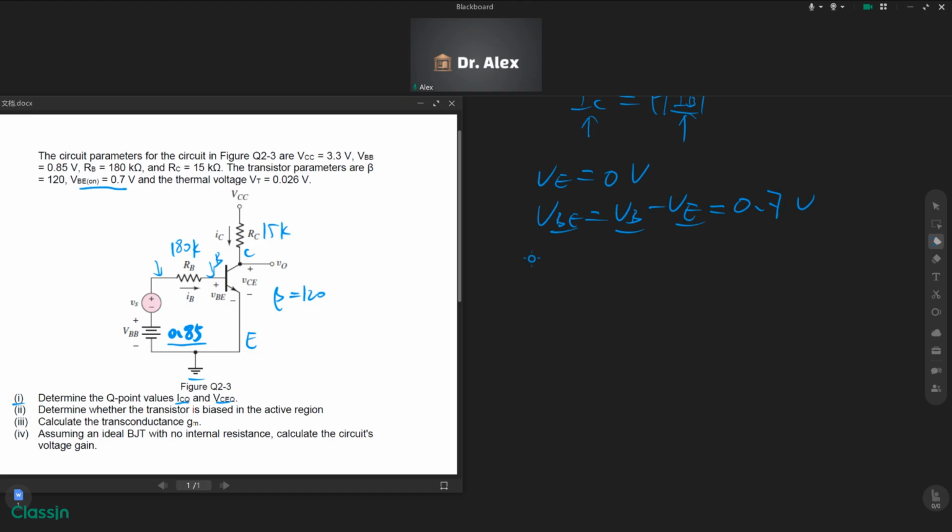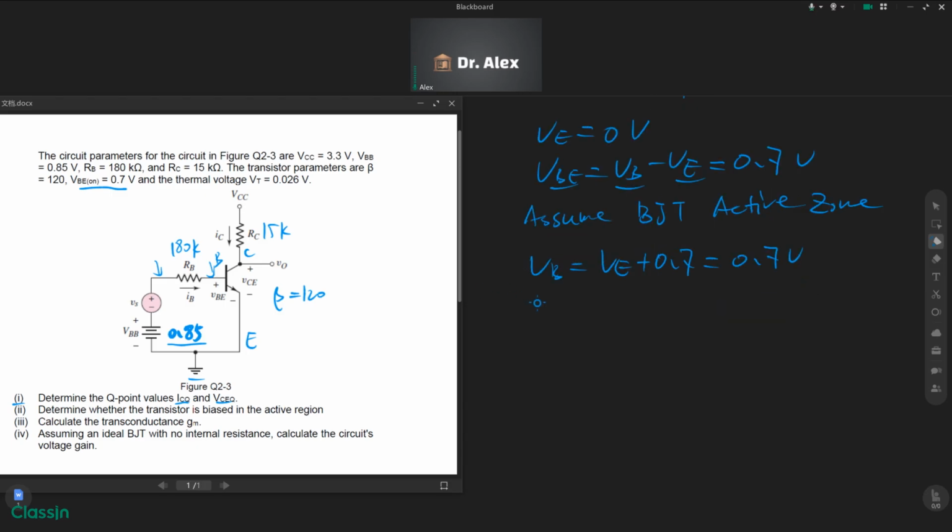We just assume the BJT is working in the active zone. So VB equals VE plus 0.7, which is 0.7 volts.